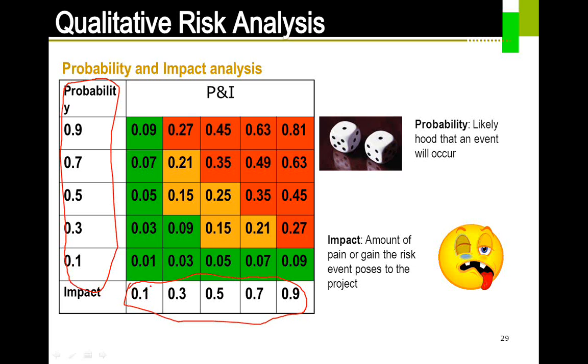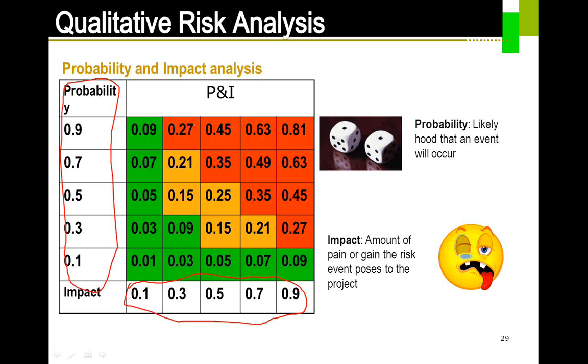It is a very simple table, a kind of matrix. You multiply 0.1 with 0.1, you get 0.01. Versus here you can see 0.9 multiplied by 0.9, so this is going to be 0.81. I'll take one more example here: 0.25 comes as a multiplication of 0.5 and 0.5.